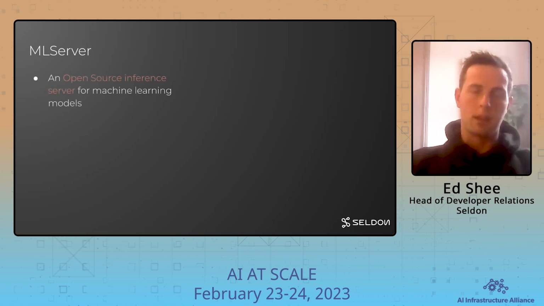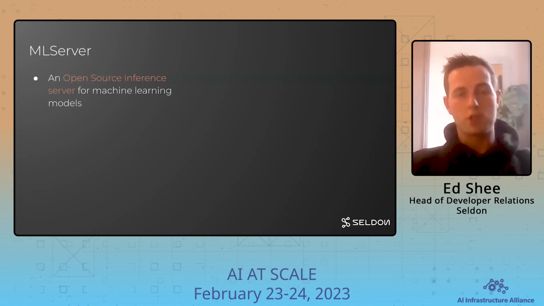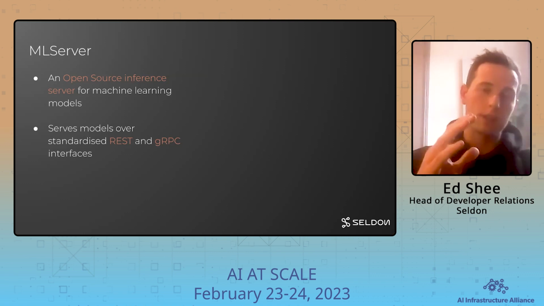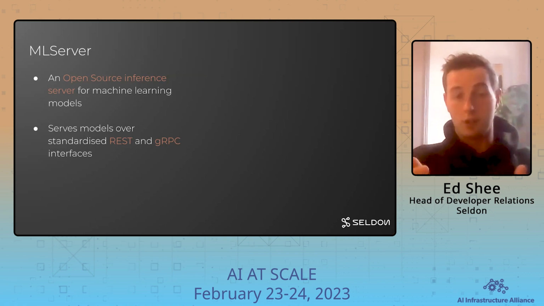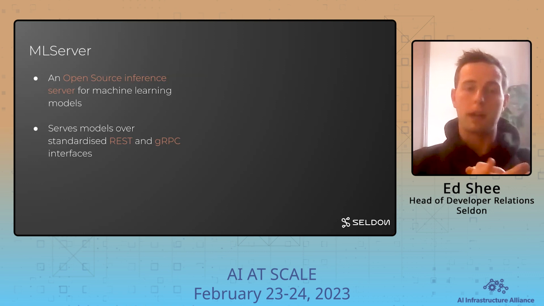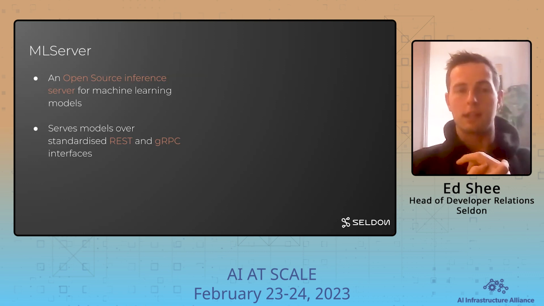As I mentioned, it's fully open source, and it's designed to serve machine learning models. What it actually does is serve these over both REST and gRPC. That's another benefit, right? If I've just written my Flask code back there, I can't access this over gRPC, which we know performs much better and is much lower latency, particularly at high throughputs.